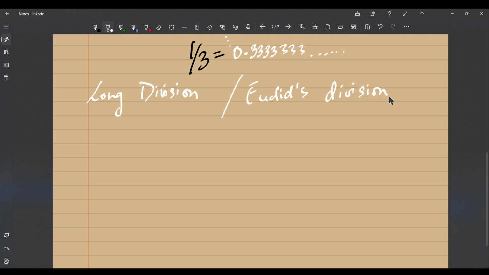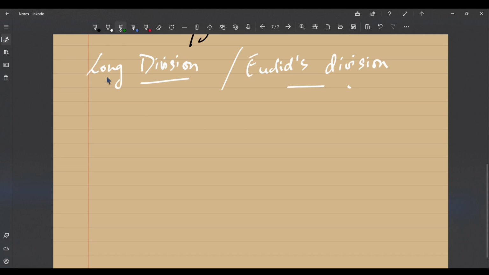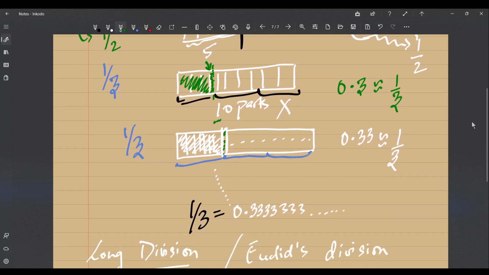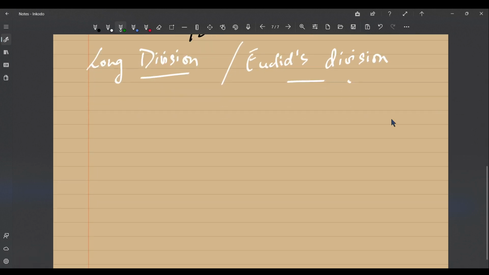All these are the same process actually. Since I did it for 1/3 already, and you can do it for any other number also, for 1/2, 1/10, we have modified Euclid's division in such a way that we also include decimals in that.